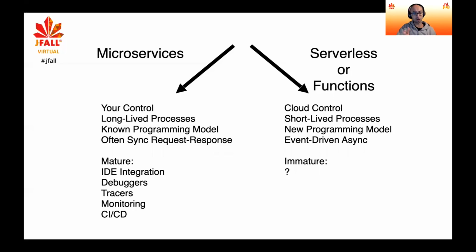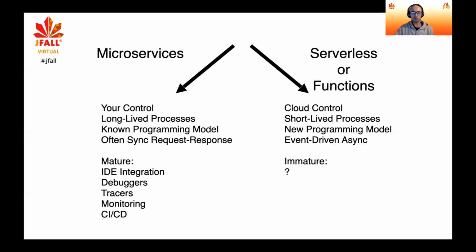If you want to control the life cycle of the service, if your service is a long-lived process, and when I say long-lived, I mean that it's a service that is running for several months, 3 months, 4 months, 5 months, and also usually you are using some kind of request-response communication approach, right? So you are just sending a request, usually using a REST API, and then you get a response, then go to microservices.